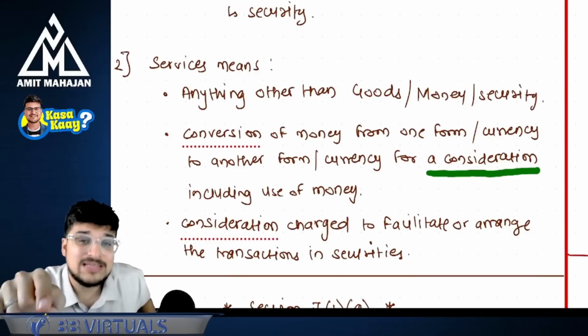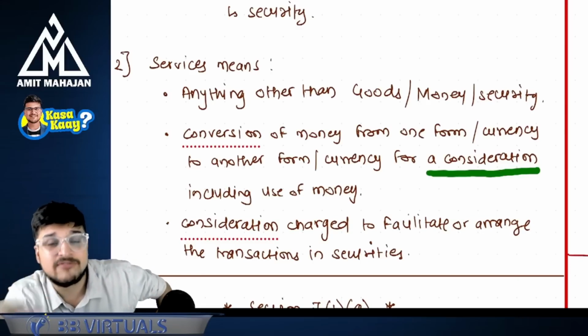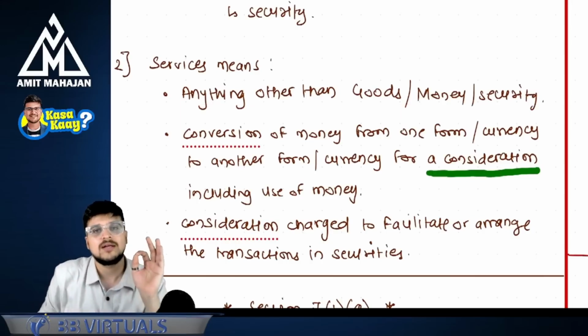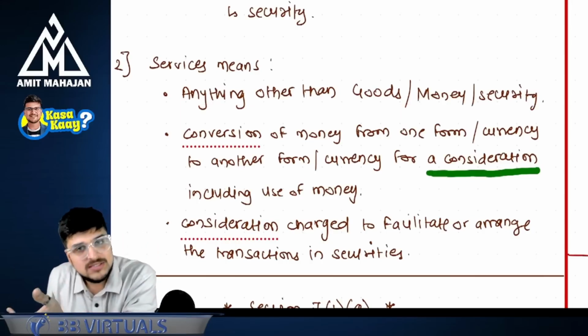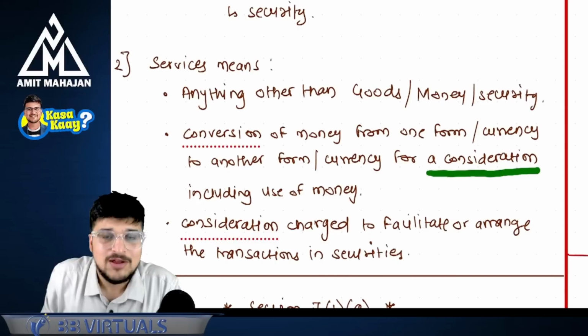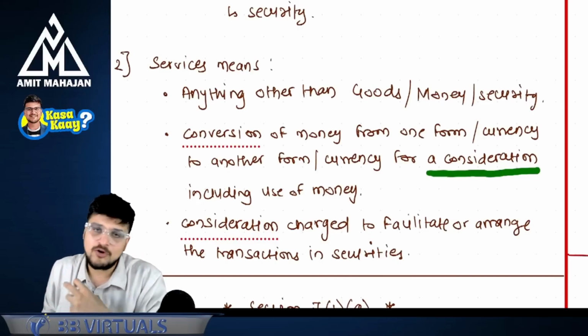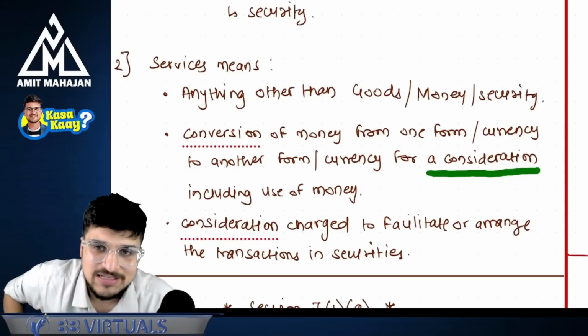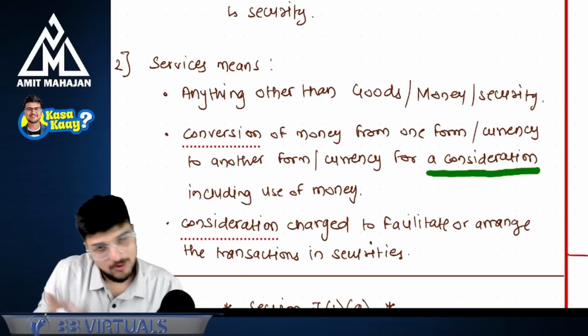Why? Because service means anything other than goods. If this is not goods, it will be considered as service. Which means sale of flat, of course, is not goods, but as per the definition, it will be considered as supply of service. Yes, absolutely right.